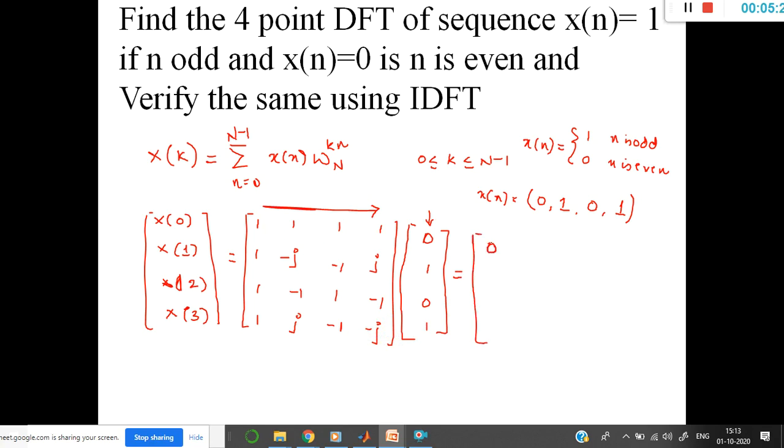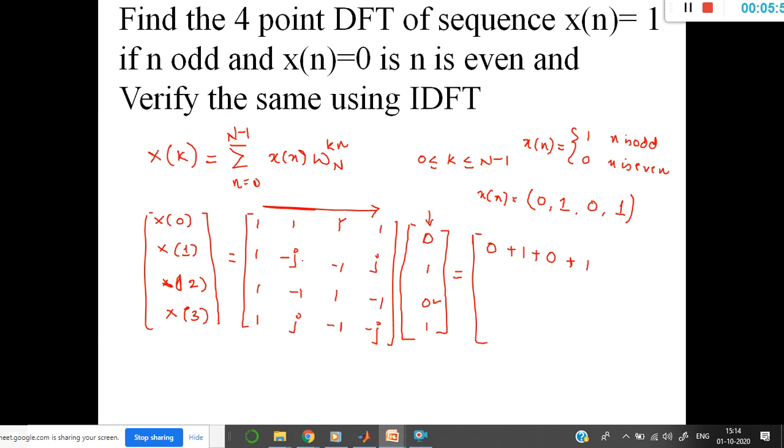So first row: 1 into 0 is 0, 1 into 1 is 1, again third column, 1 into 0 is 0, then the last is 1 into 1, that is 1.